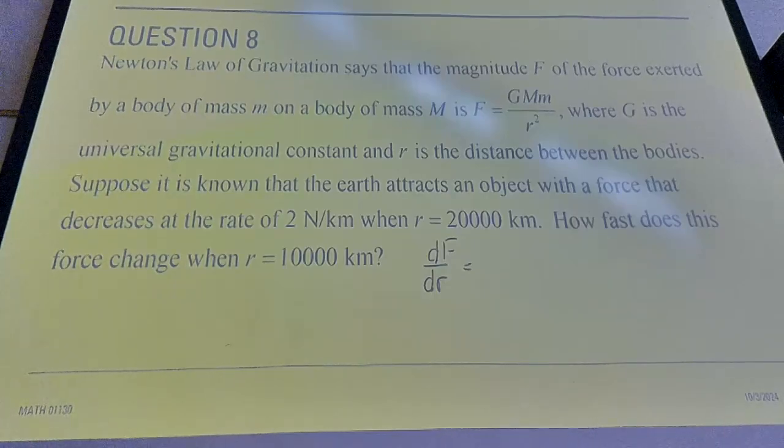Again, we're working in Newtonian reference frames, which means the relativistic effects on mass are negligible, so treat mass as constant. So what would df/dr be?